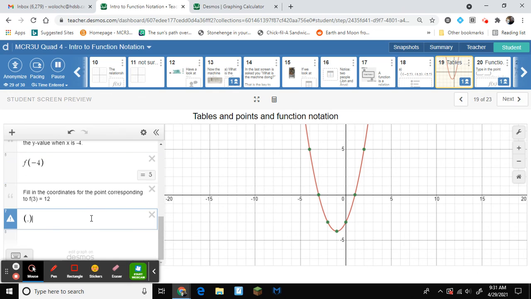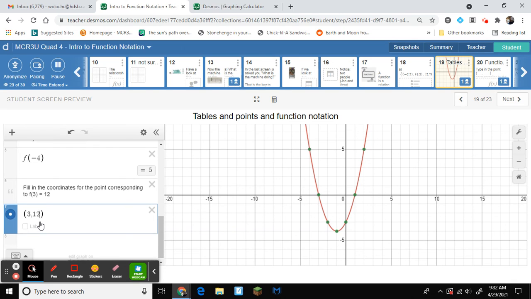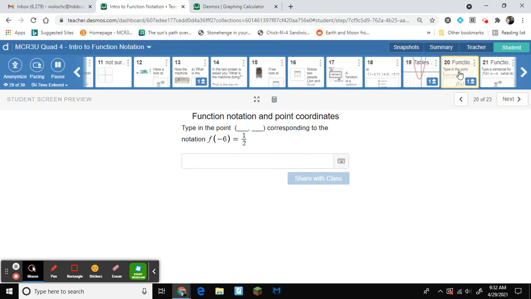And then down below here, we want to fill in the coordinate for the corresponding f of 3. So x is 3 and 12 is the point. If I zoom out, I'll see it right there. And we can label it. Okay? So again, it's just going back and forth from using coordinates and using function notation.